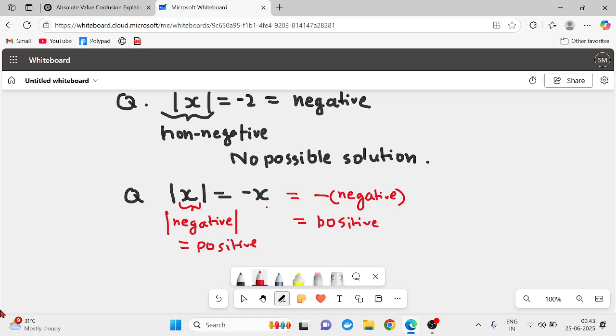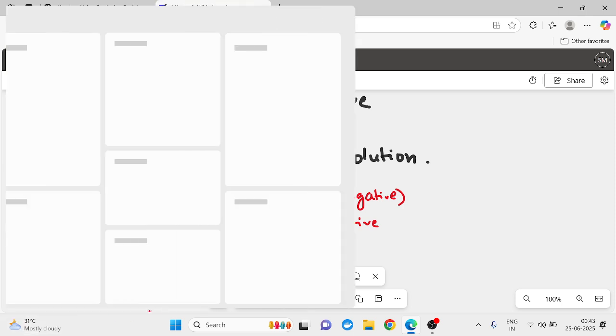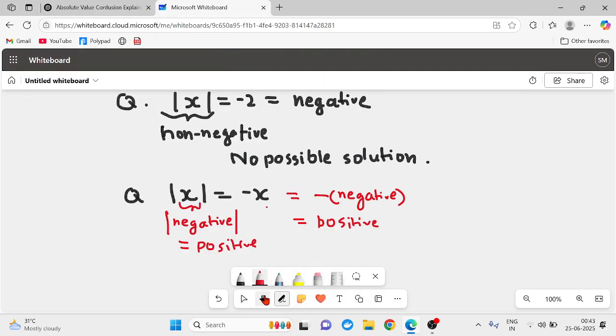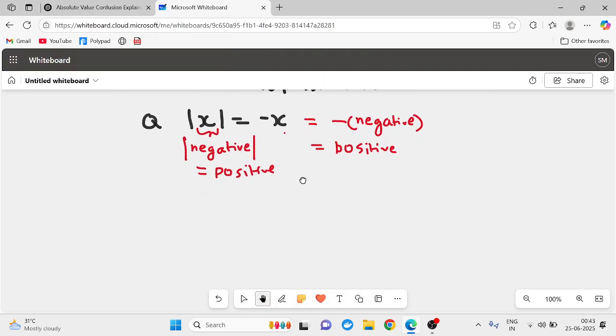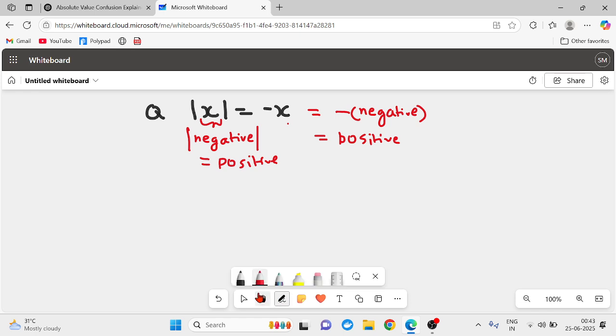So if you take many examples, we come to understand that mod x is equal to minus x is possible for negative values. Now, we can have an understanding of the absolute value in a better way. What is absolute value?